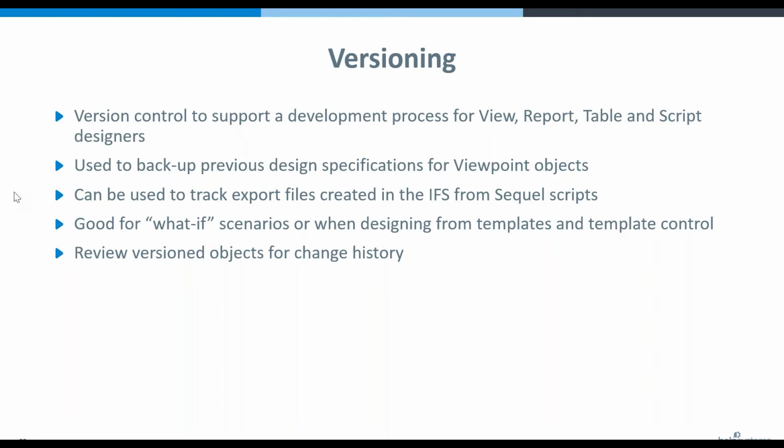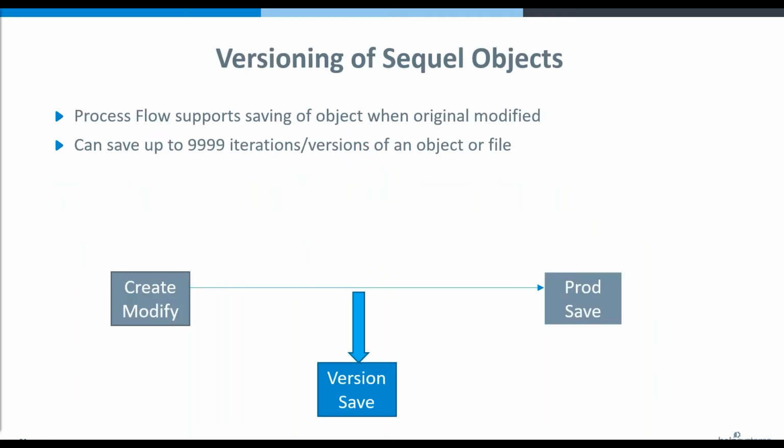But first, I'd like to focus on the design object change and the versioning. This chart shows a simple process flow involved when versioning is enabled. After you open an object and edit it, make a change, and then save a copy, the old version is moved to a backup library and renamed with a sequential number.